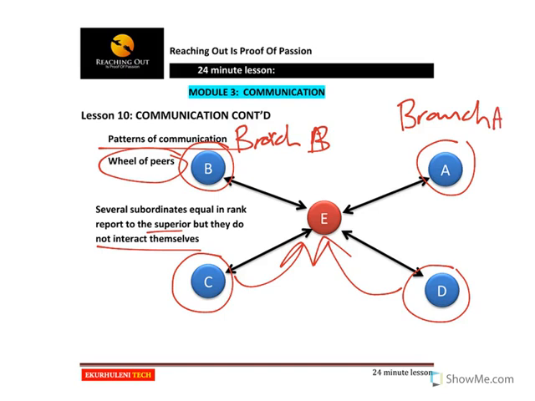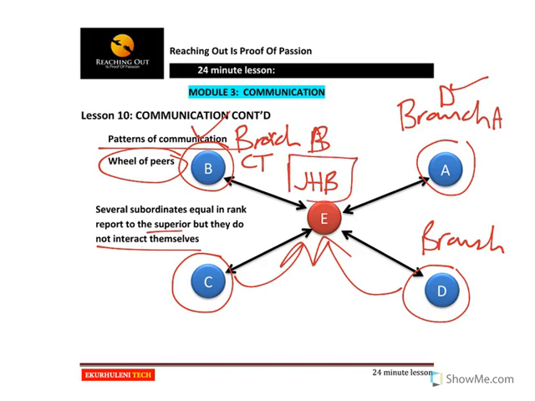So this will be branch A, this will be branch D, and so forth. Now the headquarters of this company can be in JHB in Johannesburg, but you'll be having small branches. It can be in Cape Town, it can be in Durban, it can be in any other place. Now, the manager who is in Durban and the manager who is in Cape Town, these are small managers, they do not interact themselves, but they report to their boss who will be situated in Johannesburg.